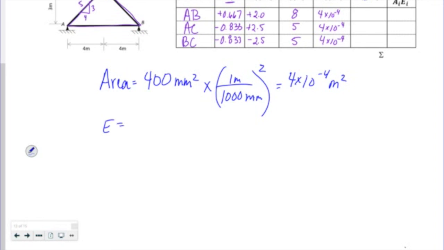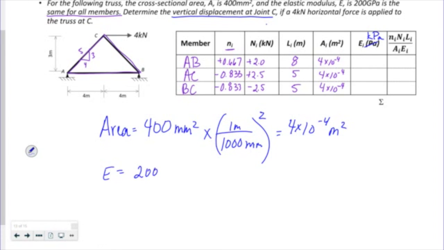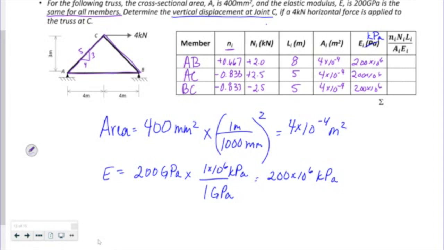It's equal to 200 gigapascals, and 1 gigapascal has 1 times 10 to the 6 kilopascals, so 200 times 10 to the 6 kPa. And now I just need to multiply all of those together.